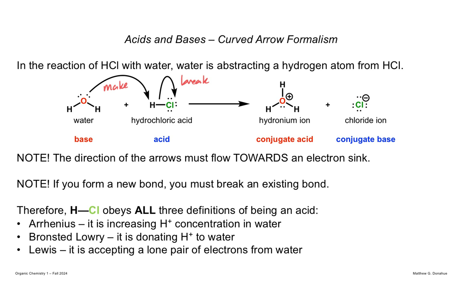And when we get into module 4, that's when we'll start looking at what's called bond dissociation energies. And that's going to further guide us in helping to predict what is favorable and what's not favorable.